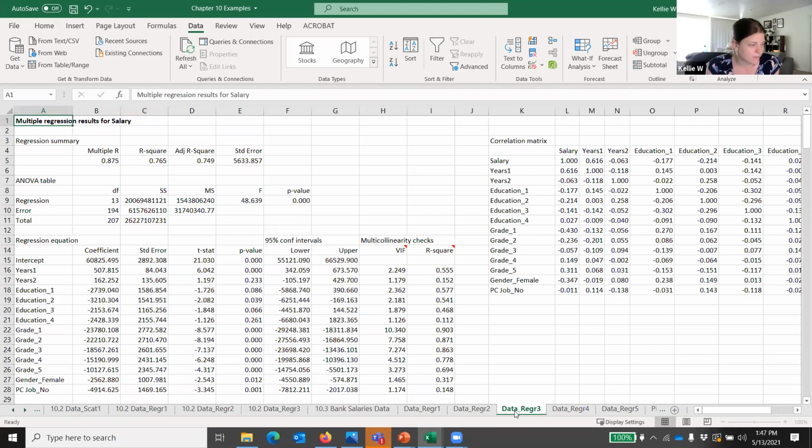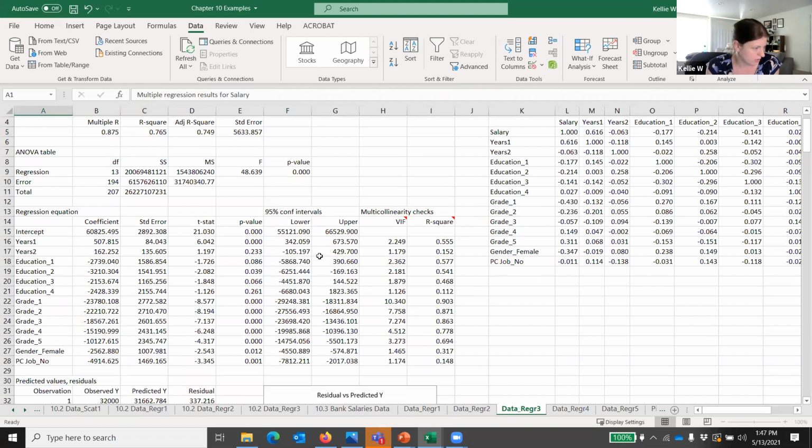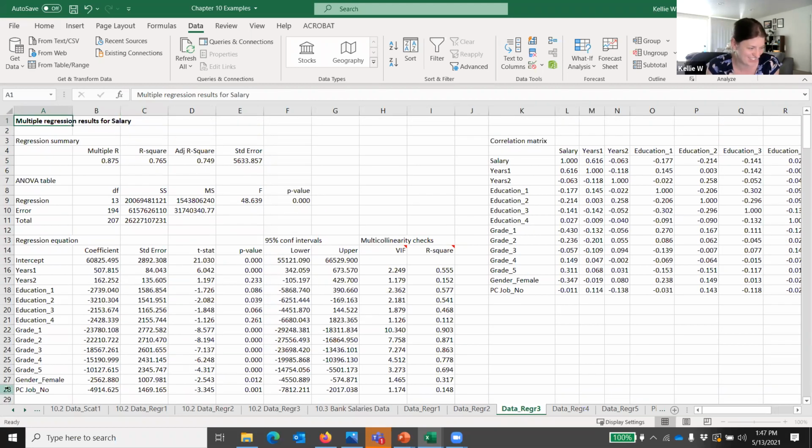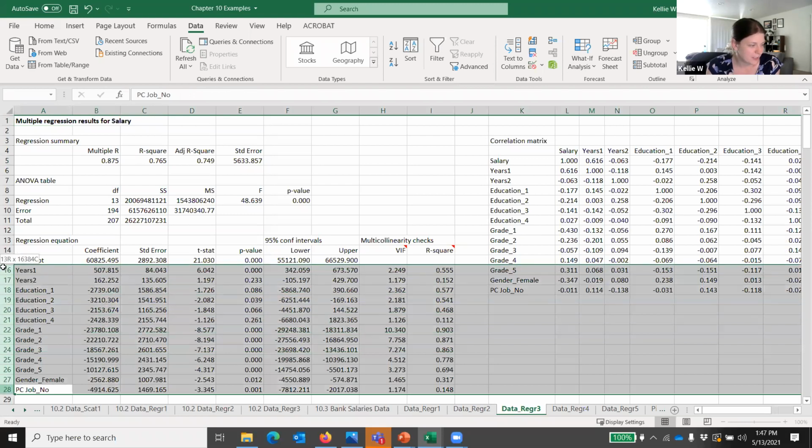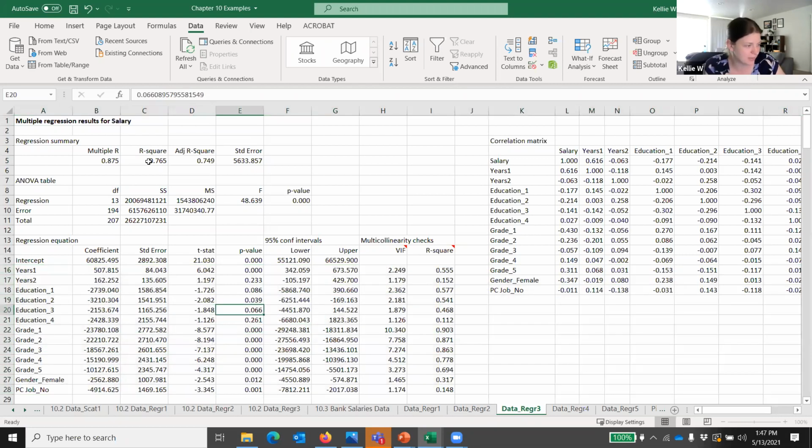And then they did everything. Now we have problems. I think they did this just to illustrate what happens to the R-squared.